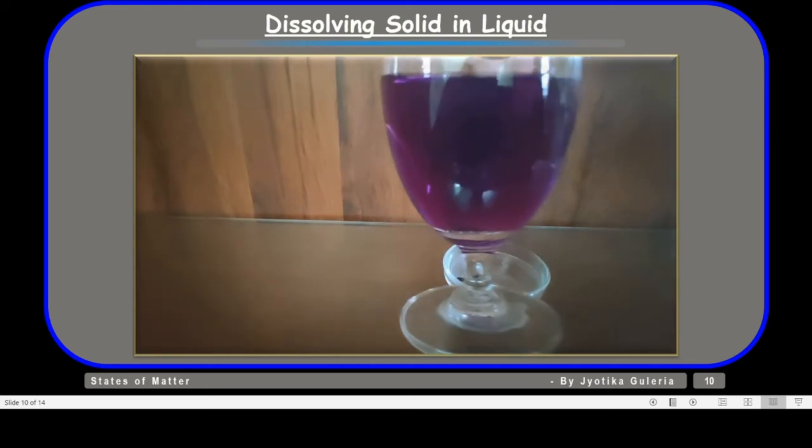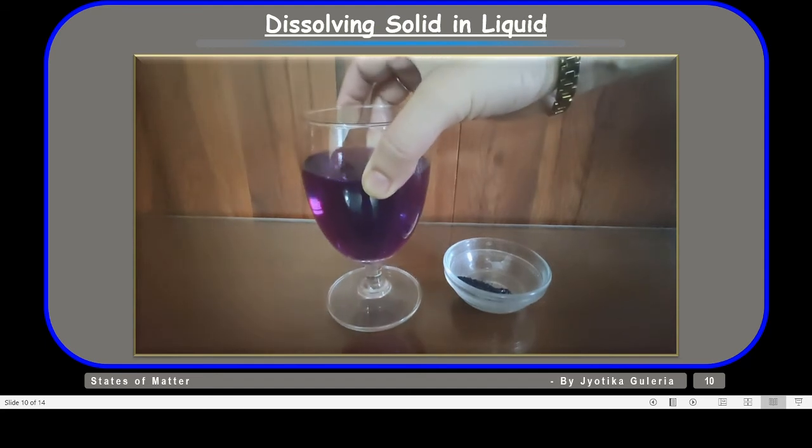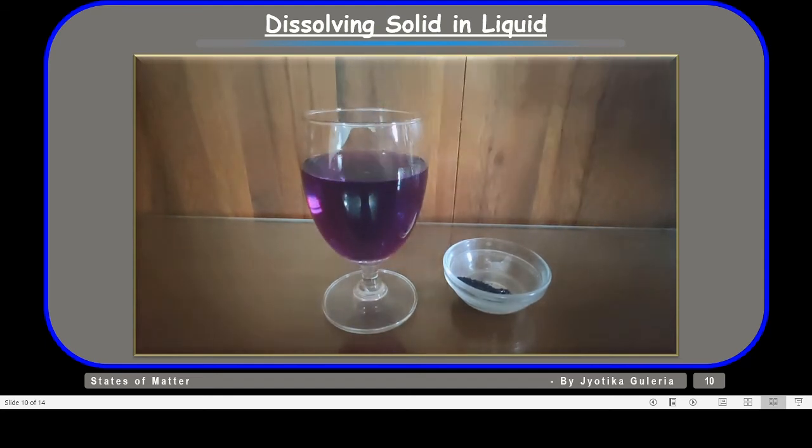So here it gives a solution again. So we can say that a solute, when it gets mixed with the solvent, gives a solution. And this is how they take up the space in between the solvent and dissolve completely.